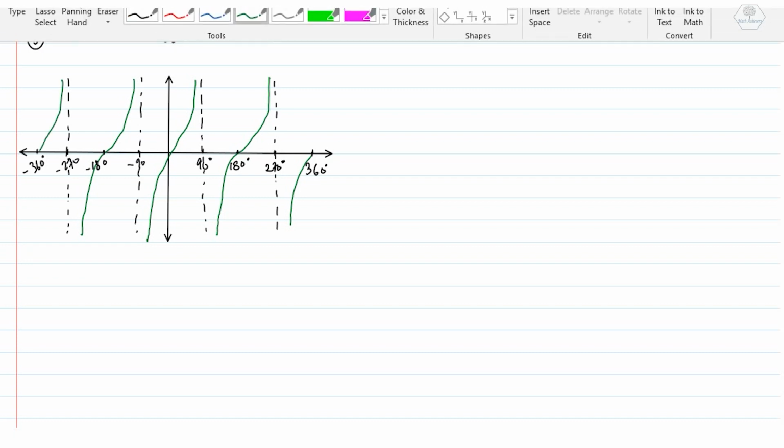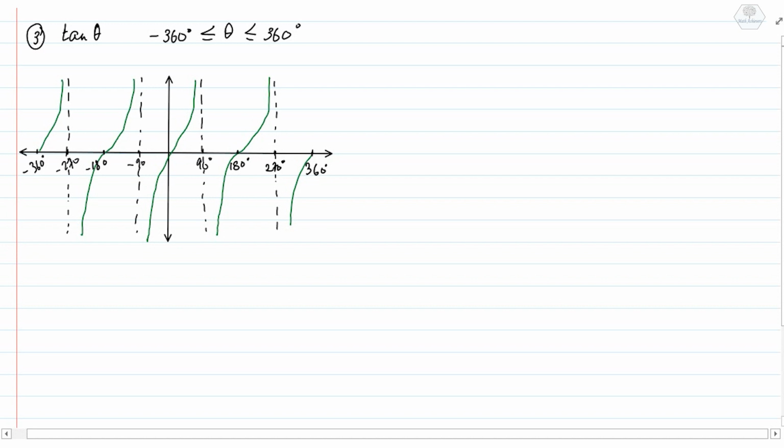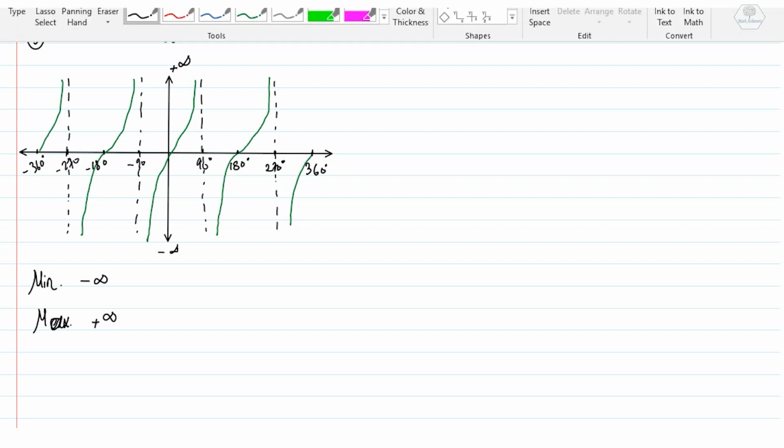So, let's start with, if you can see the function from up, it goes to positive infinity, and downwards goes to negative infinity. So, the minimum value that I have for the tan function is negative infinity. The maximum value for this function is positive infinity. Let's check the quadrants.